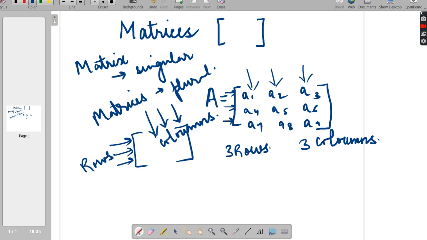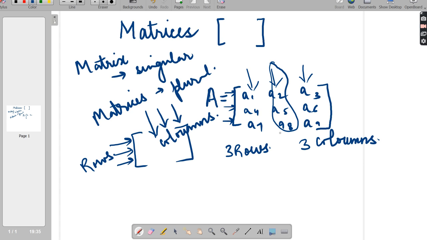Now, if I say in this matrix, give me the value of an element which is placed in the second column and in the second row. So the second column is this whole thing.